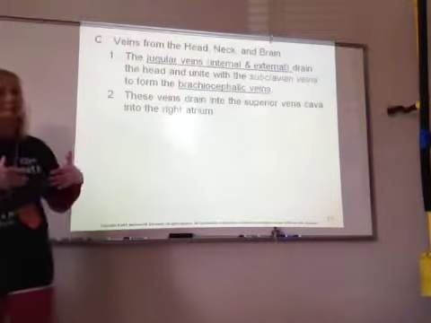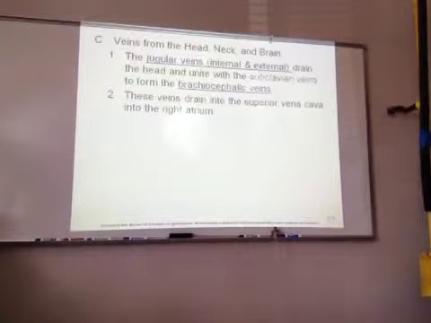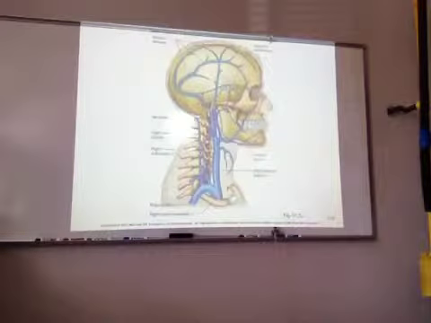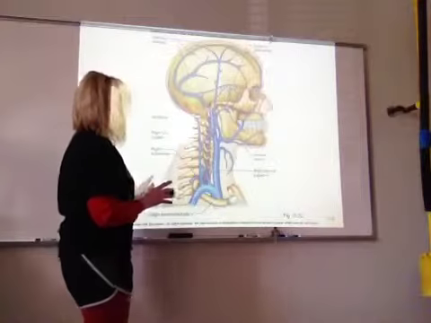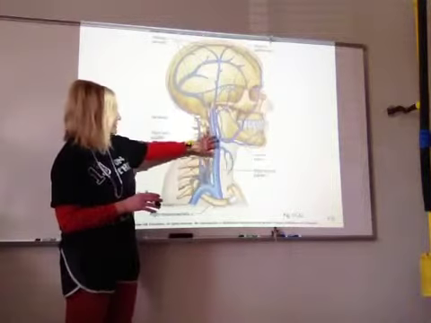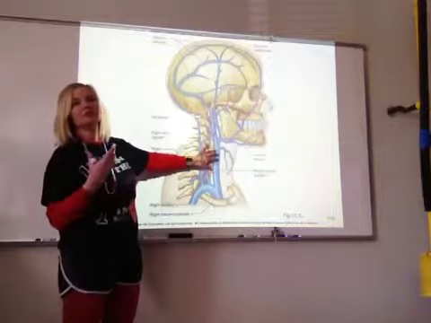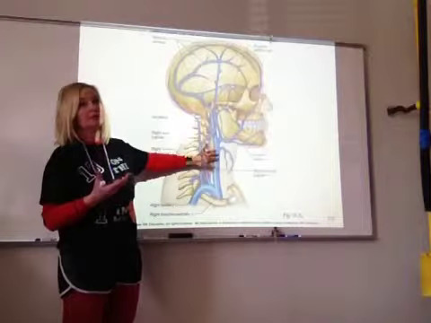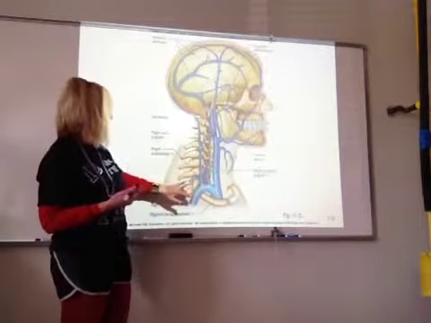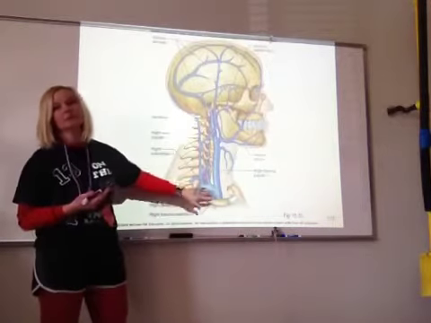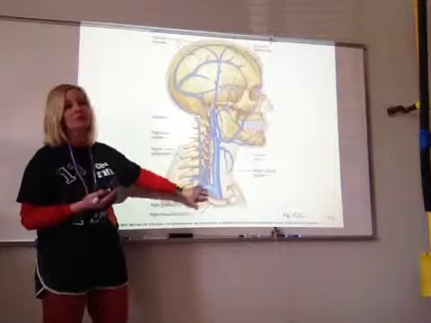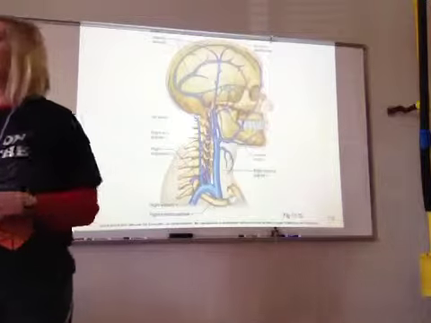And they're coming from the head and arms, so they're going to drain into the superior vena cava. So the only thing that's really different here is the main veins are your jugular veins. They're not called carotid. But then I am going to have, here's my right subclavian vein. Right next to it in red would be my right subclavian artery.